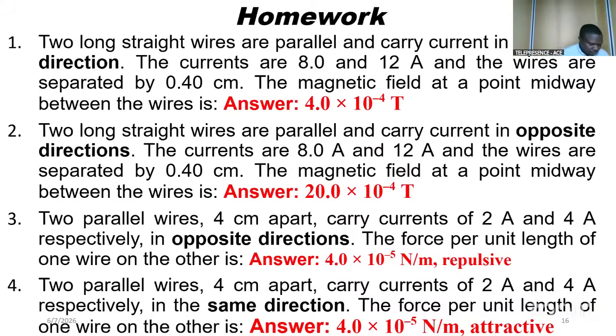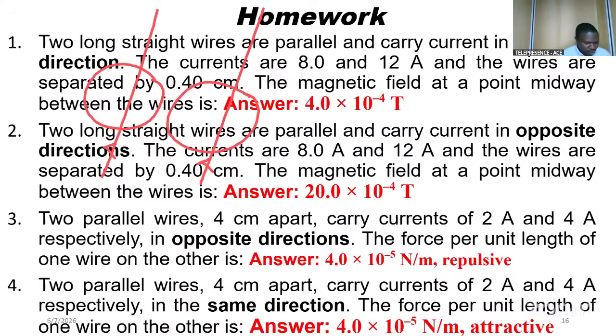But first of all, to explain this one, the first thing you need to understand is this. Look at question 1. We said two long straight wires. Let's say we have the wire like this, and the other long straight wire, this is the first one, carrying current in the same direction. Let's assume that the current is going up.